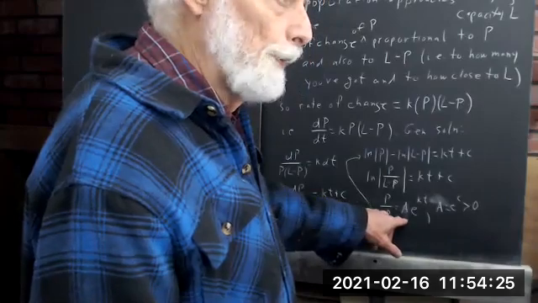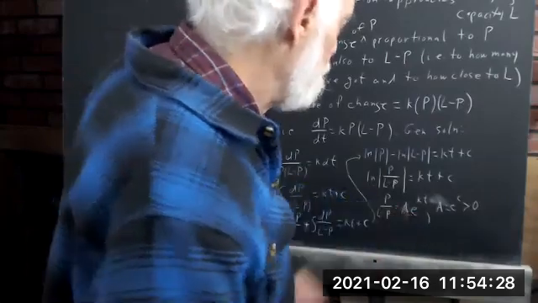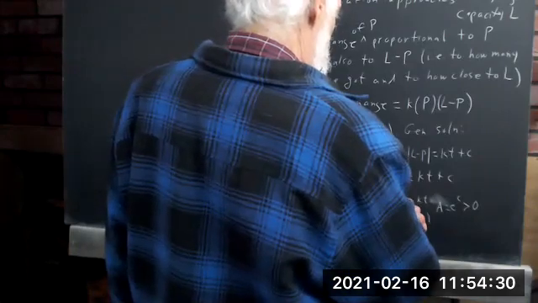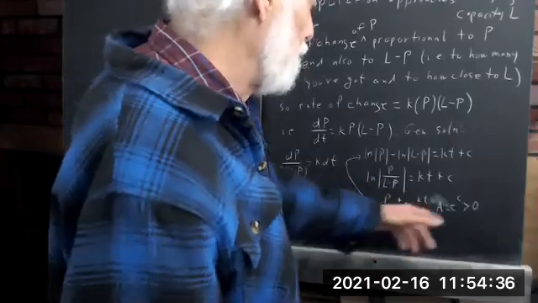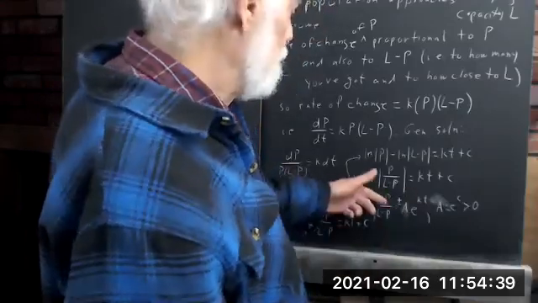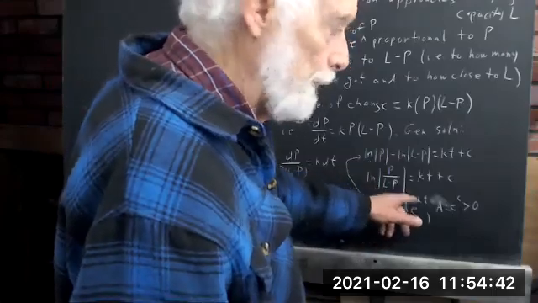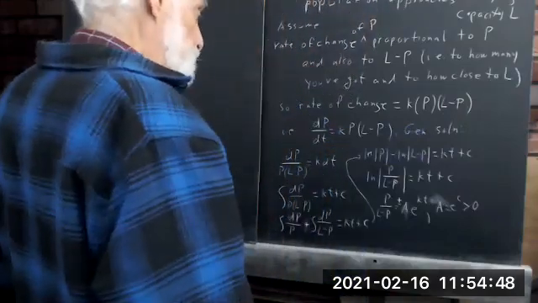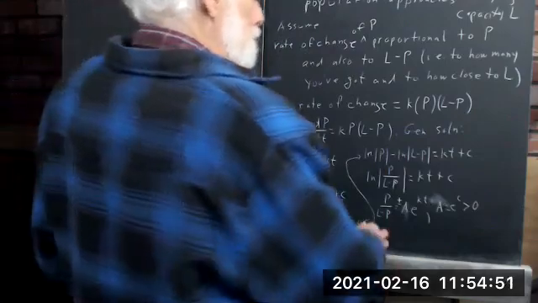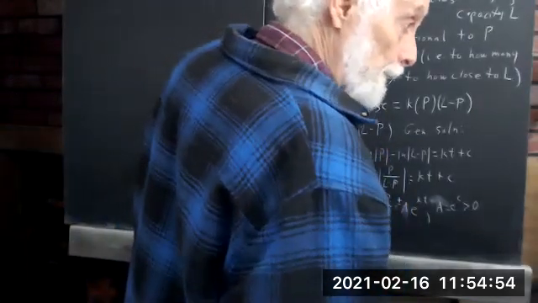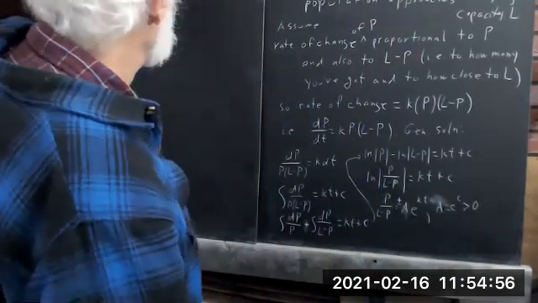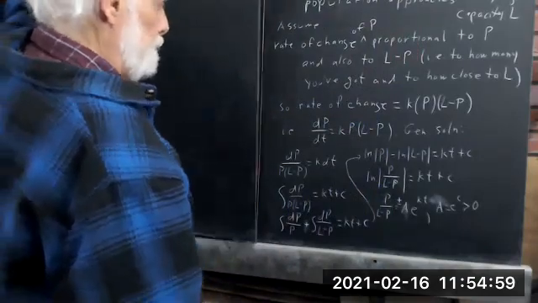The absolute value of this equals this. But if the absolute value is this, then P over L minus P is going to be plus or minus this. And this could then be expressed as just P over L minus P equals A e to the kt, where A could be any real number except 0. Then we have to solve this, and I'm out of space down here, so I'll continue over here. So we get, just to summarize, at least that much on the board.